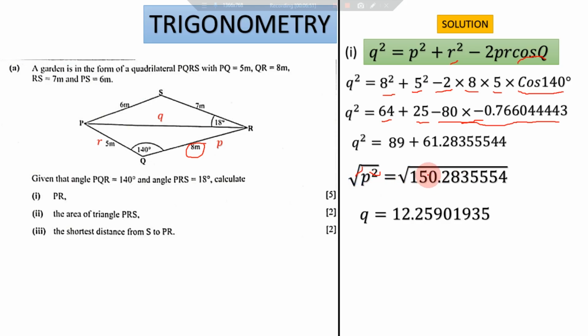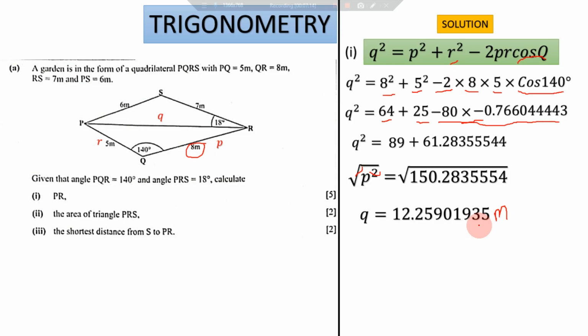The square root of this decimal number will be 12.25901935. This is the correct value. In case you don't know how to round off, just write meters. It ends there, instead of you losing marks. So before I round off, I'm writing the entire value.